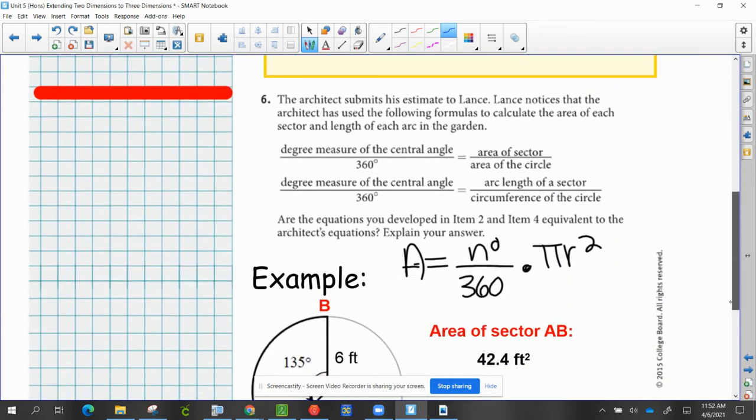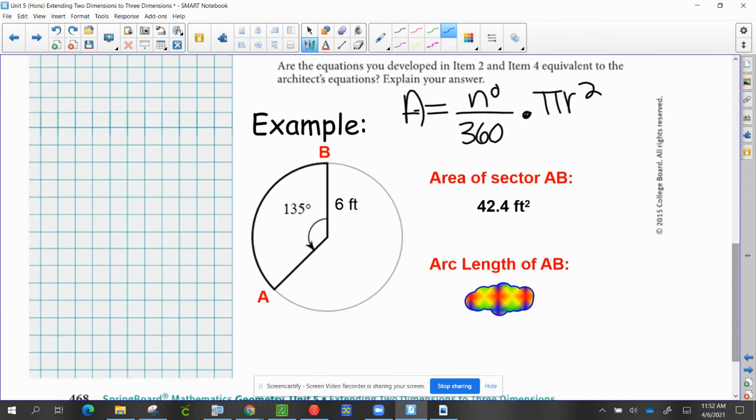So I'm going to have you guys try. It's the same picture here that I did on the bottom. But now I want you to find the arc length of AB. So what is this length along this circle? Okay, so if you did it correctly, you should have gotten 14.1. So you take your central angle, 135, and divide it by 360.